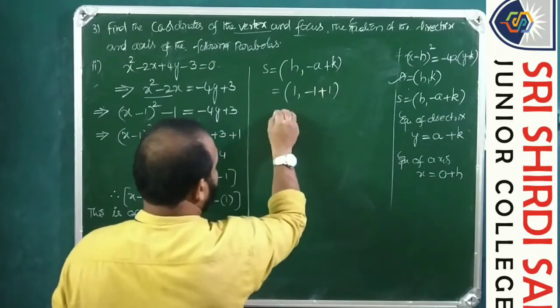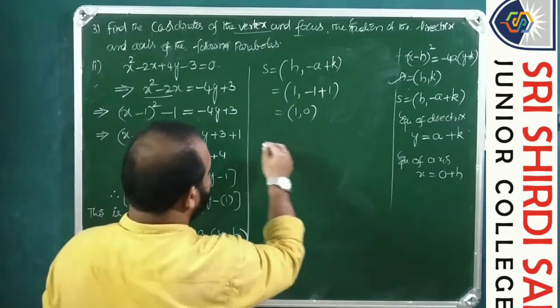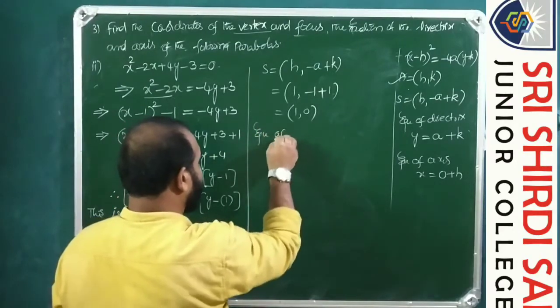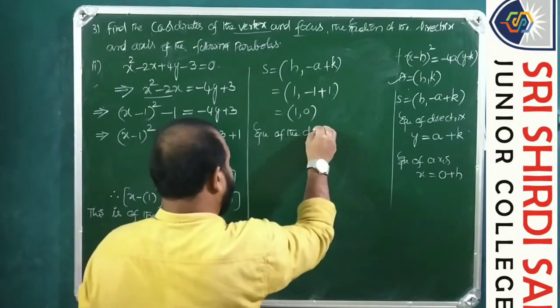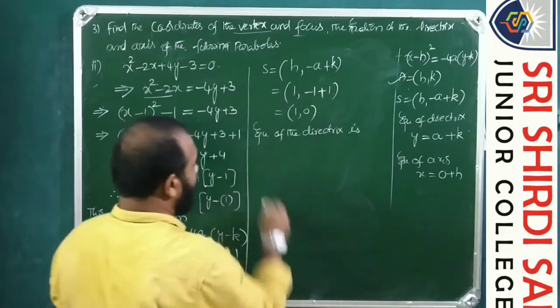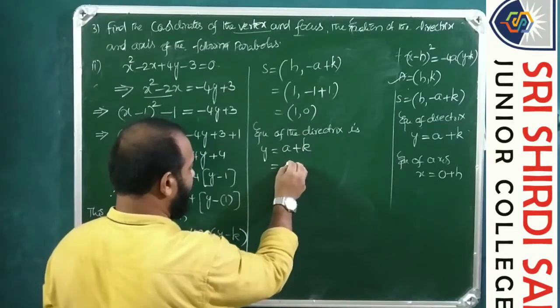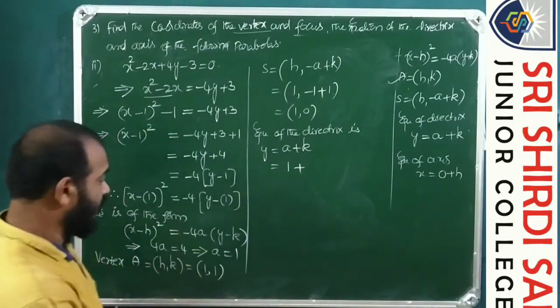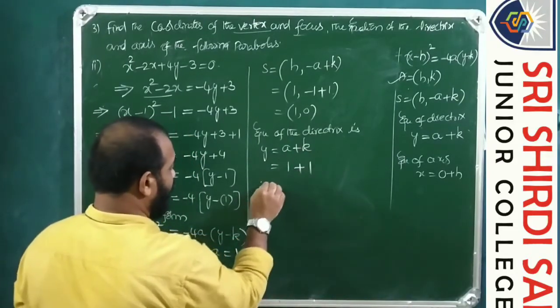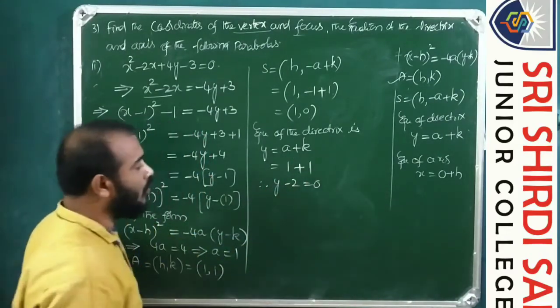So this is (1, 0). The equation of the directrix is y equals a plus k, a is 1 and k is 1, so y equals 2, or y minus 2 equals 0.